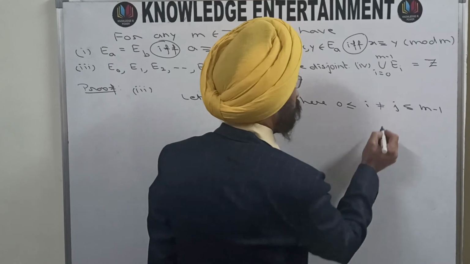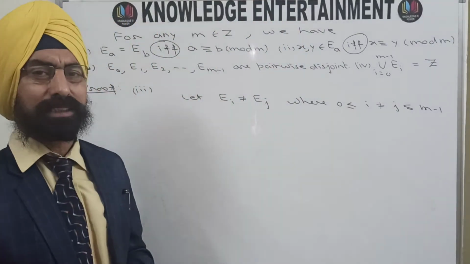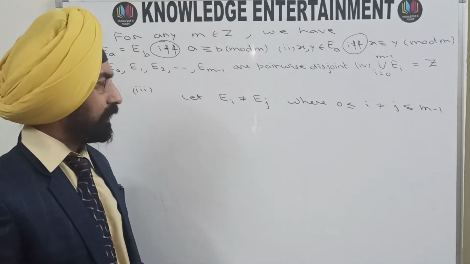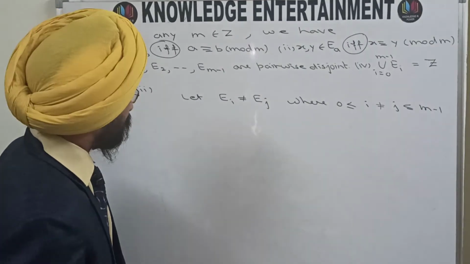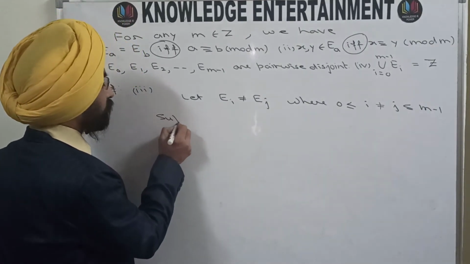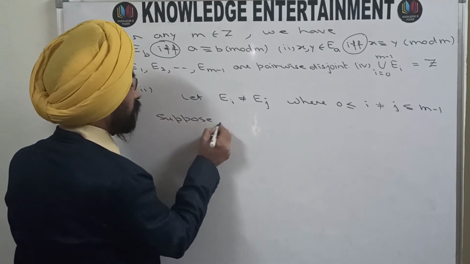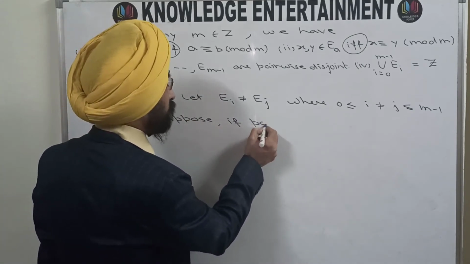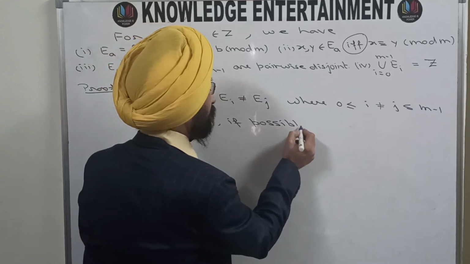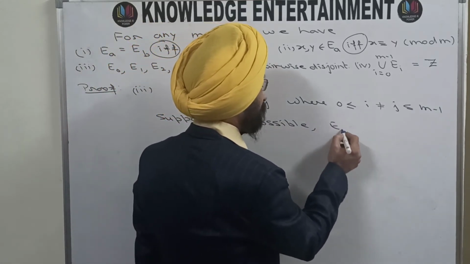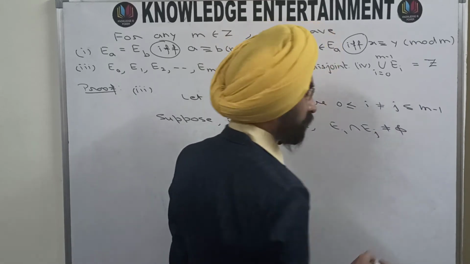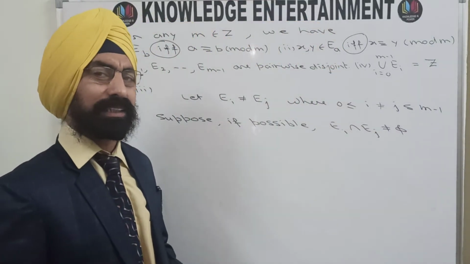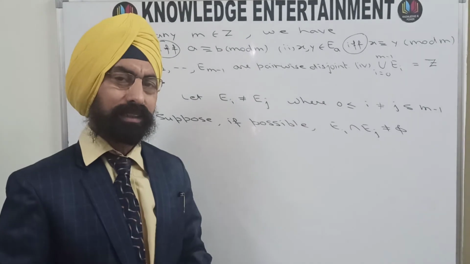Obviously I is not equal to J because EI is not the same as EJ. So this I have considered. Suppose, if possible, that their intersection is not phi. In fact, we have to show that their intersection is phi because we have to show that they are disjoint.